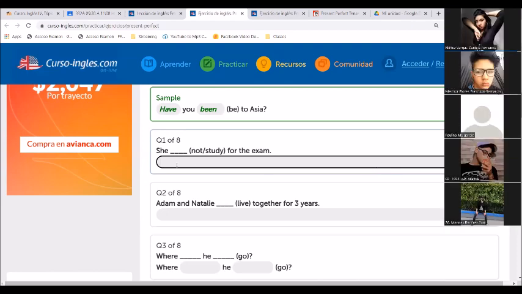She has. Remember, it's she has. She has studied for the exam. Okay. One more time. She has not studied for the exam. Repeat. She has not studied for the exam.